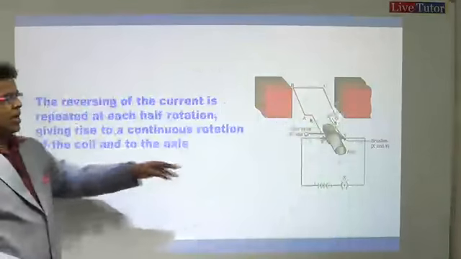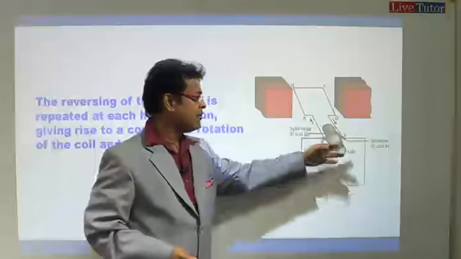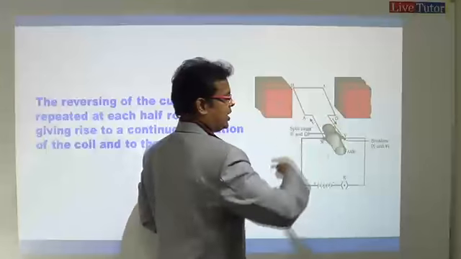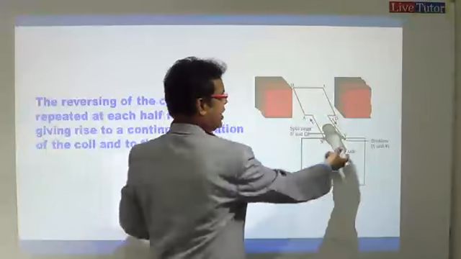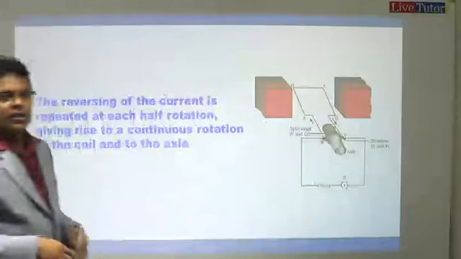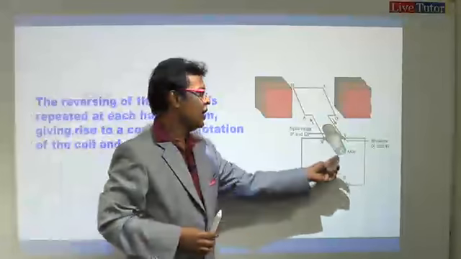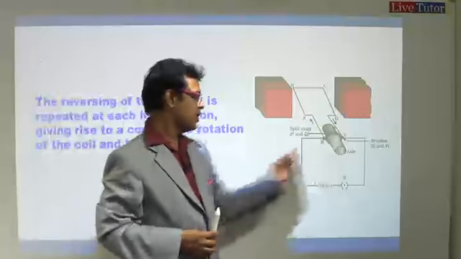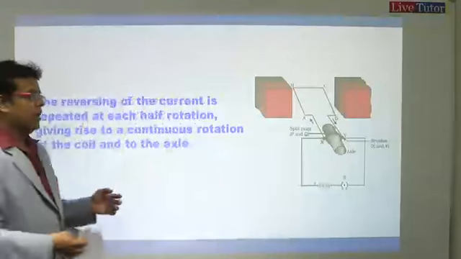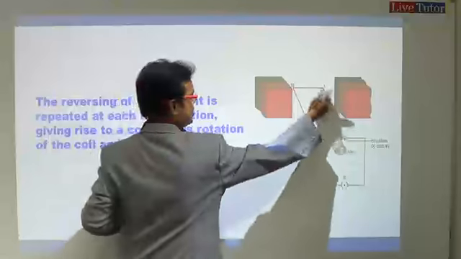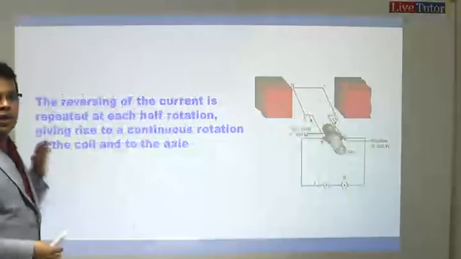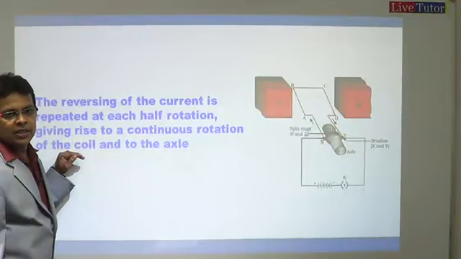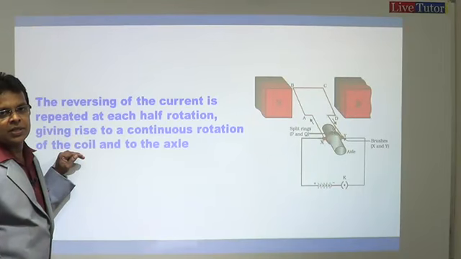If this axle is connected to a fan, the leaves will also rotate. Or if it is connected to a sewing machine by using a belt, once it is rotating, the wheel will also rotate. By using this rotational effect, you can keep on running any machine. So for every half rotation, it is changing the current.